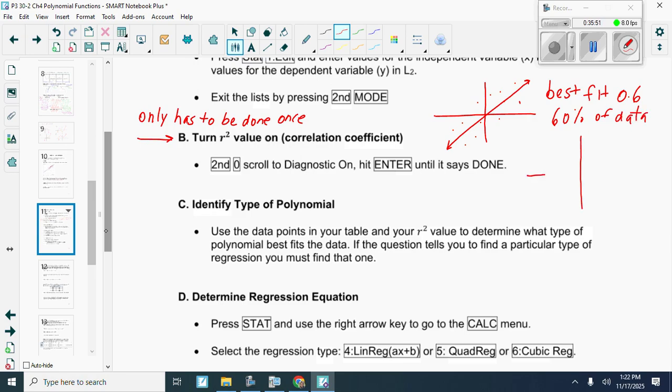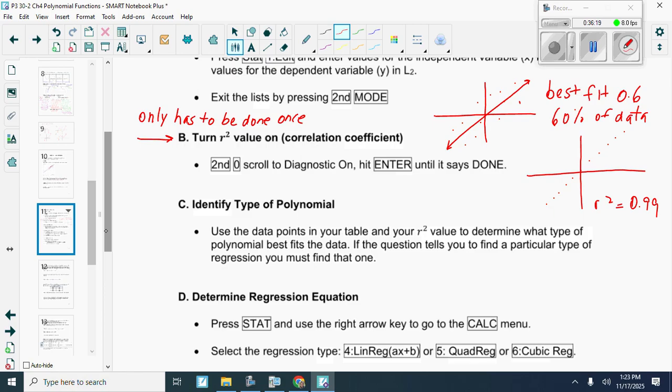However, when we tell the calculator to turn diagnostics on, we're looking for the R-squared value that's as close to the number 1 as we can, like 0.99.